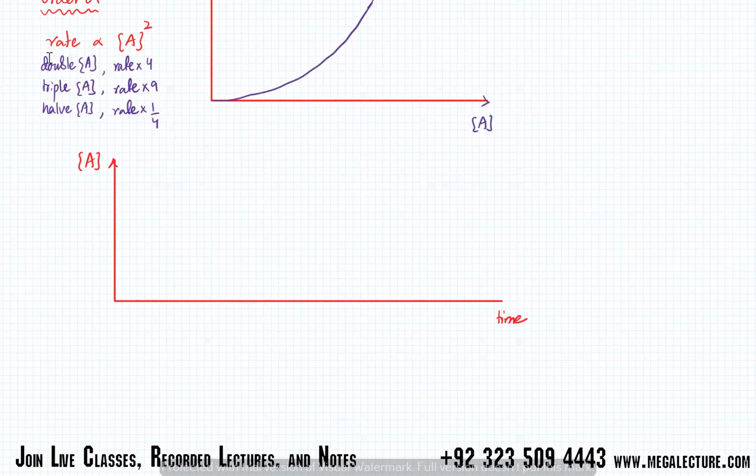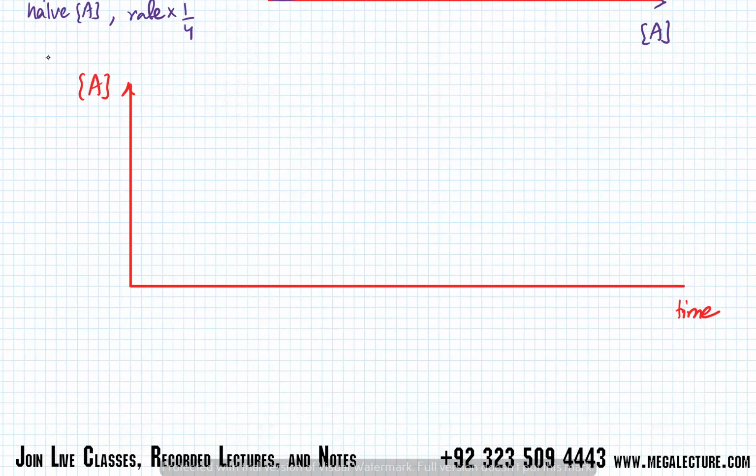So in this case, the half-life every time will double. So if you're starting over here, at the very beginning, the reaction is going to be very fast. So let's say things happen very quickly. A's concentration decreases by half in a very small amount of time. But now the rate of the reaction slows down by a much bigger amount.